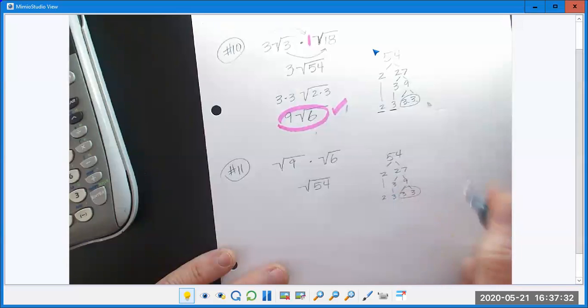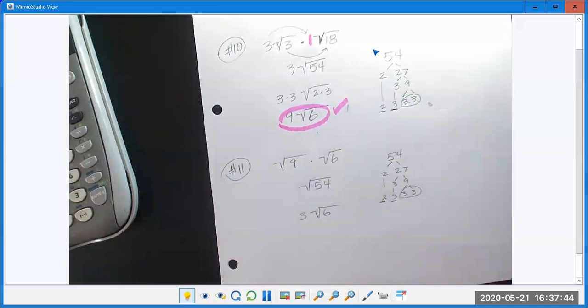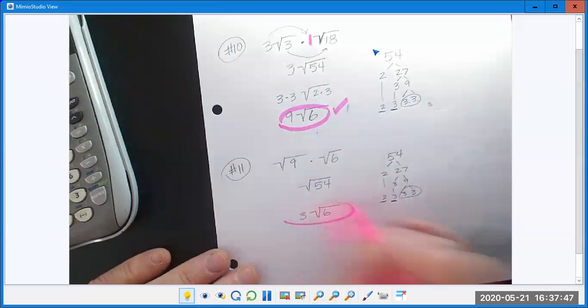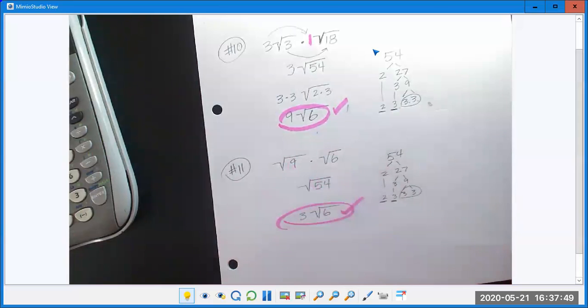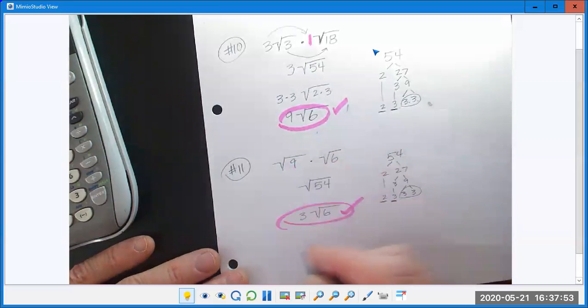Here I have a pair. That wouldn't be a problem. So you're going to pull out your 3 to the outside, and you're left with 2 times 3 on the inside, which is radical 6. Not a problem at all. If you recognize that square root of 9 is a perfect square, this would simply reduce to 3 times radical 6.